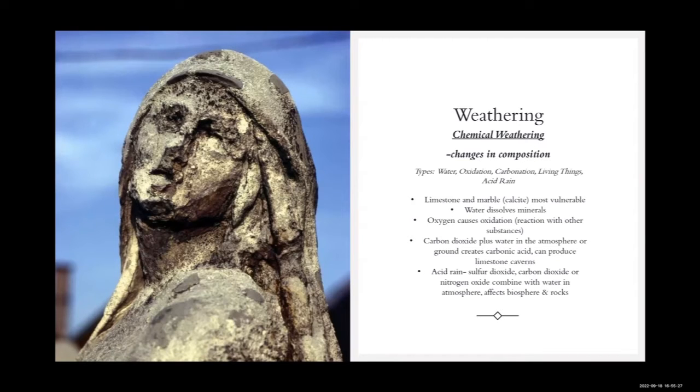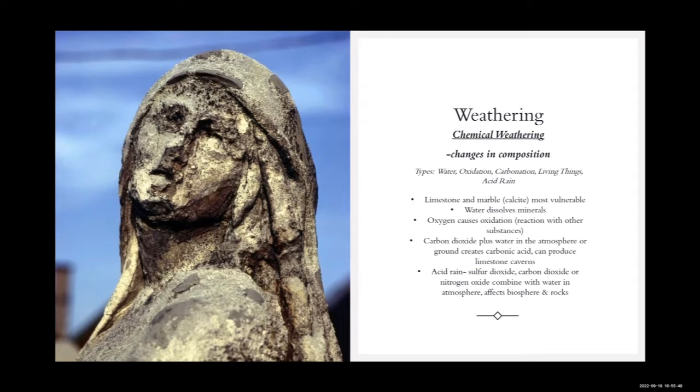So we have our chemical weathering, and this is when you get changes in the composition of the rock. And our different types of chemical weathering can involve water, oxidation, carbonation, chemicals that come from living things, and acid rain. So we have a material called limestone, and we also have marble, which is calcite.